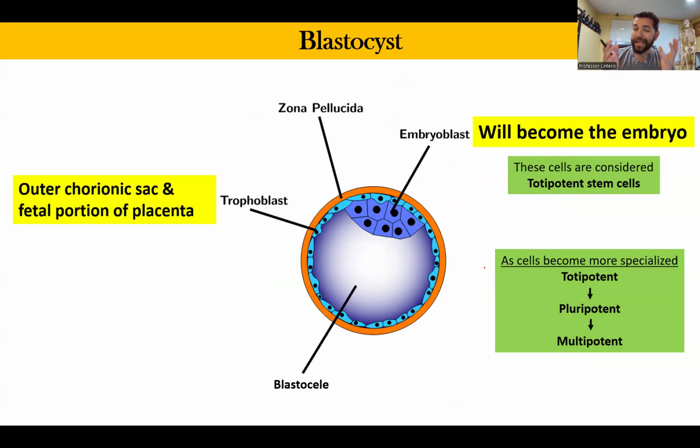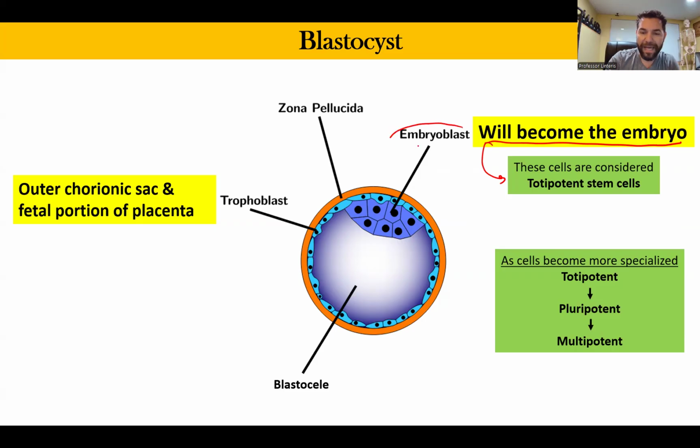What we have is a group of cells. This will become the embryo. These cells are called totipotent stem cells. This means that they can turn into a bunch of different types of specialized stem cells. A stem cell is a cell that can differentiate or turn into different types of cells. These cells can literally pretty much turn into anything, right? And they will, as we see this development occur, start to specialize, right?